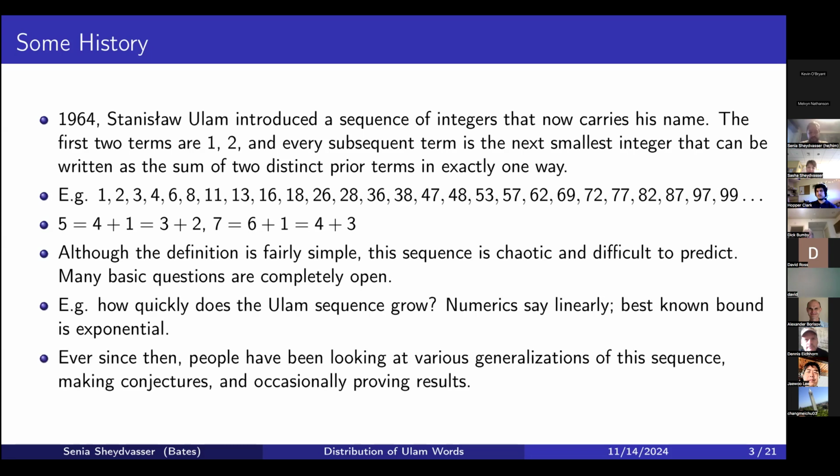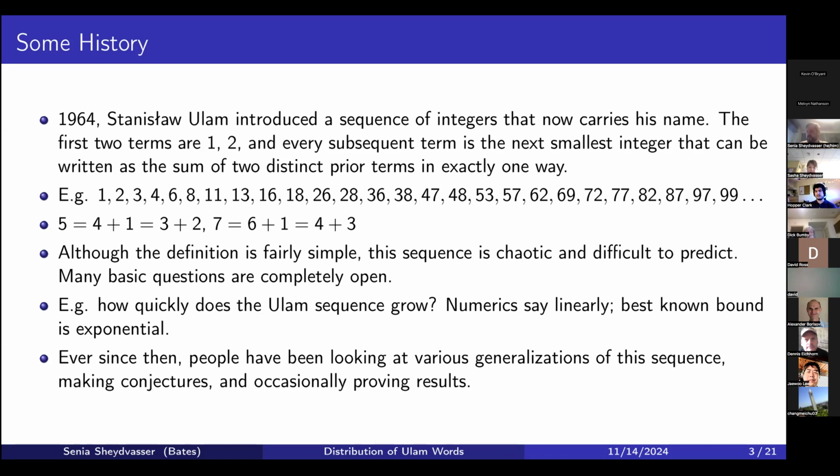For example, there's the question that Ulam himself asked, which is, how quickly does this sequence grow? The numerics say pretty clearly that the growth rate should be linear. We've computed trillions of terms of this sequence. It seems to be very clear that that is the growth rate.